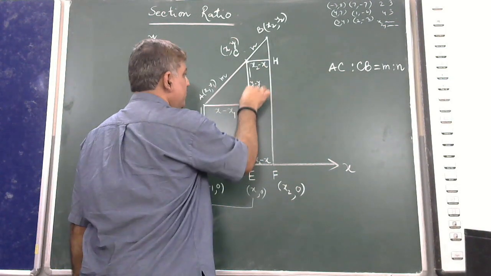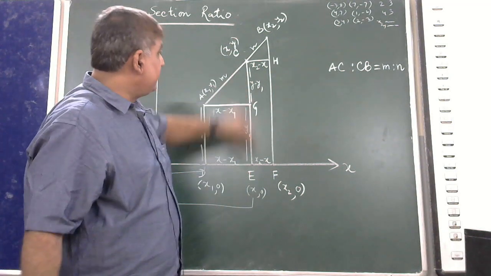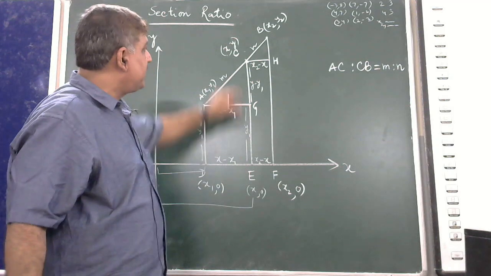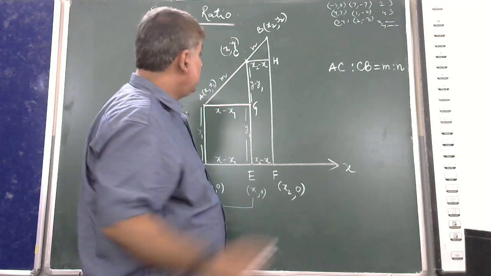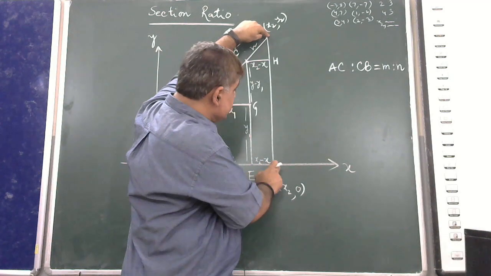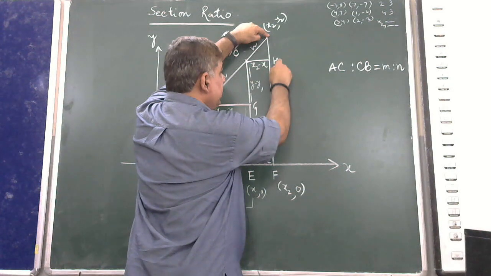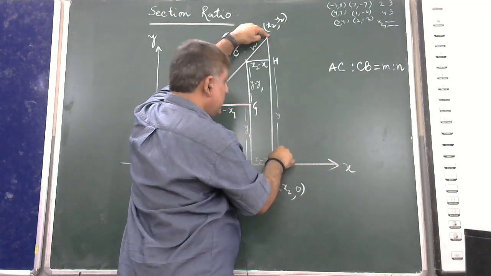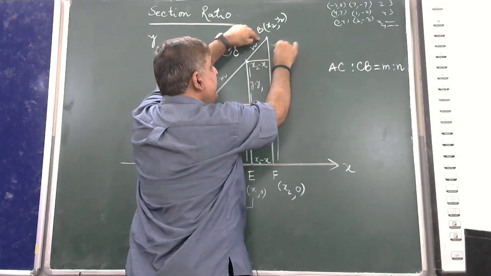The whole length is y, and from y, if we subtract y1, we get y minus y1. Again, in the same fashion, you see here this length is y2 and this whole length is y, so this length will be y2 minus y.